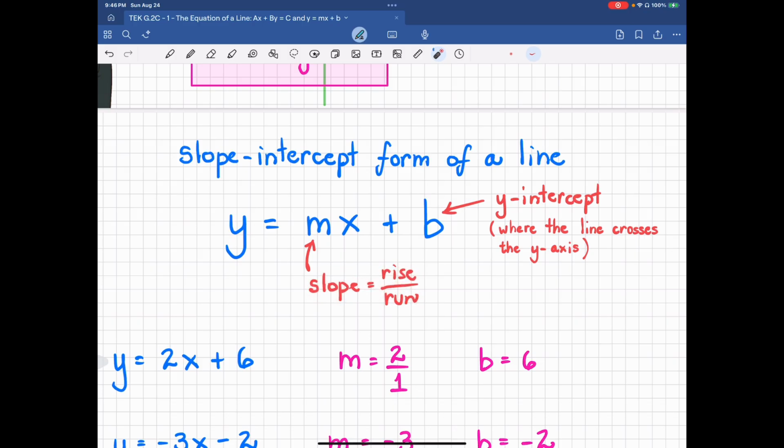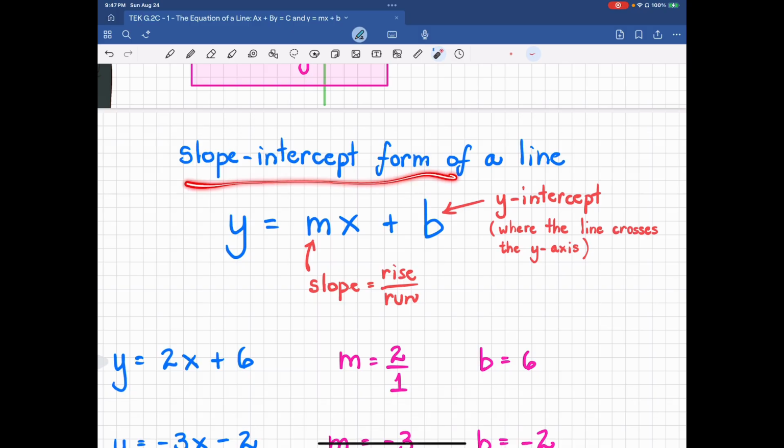Rise is how far you go up or down. Run is how far you move to the left or to the right. So m is going to be your slope, and that's the coefficient that's attached to x. Now, the number all by its lonesome is going to be your y-intercept. Now, the y-intercept is where the graph will cross the y-axis.